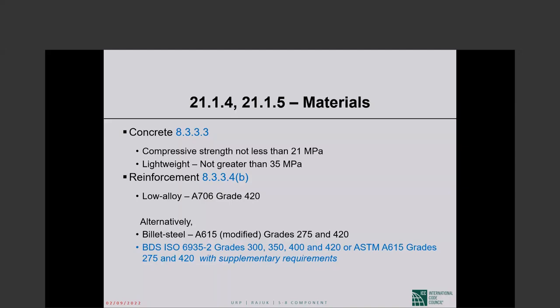Also, there are basically hidden requirements, hidden upper limits on the strength of concrete, as I'll point out. But there is no explicit upper limit on the strength of normal weight concrete that you can use in high seismic construction. Lightweight concrete, on the other hand, has an upper limit on strength, 35 MPa.